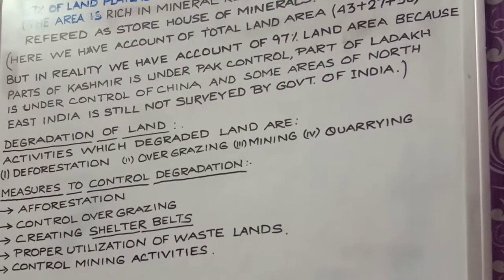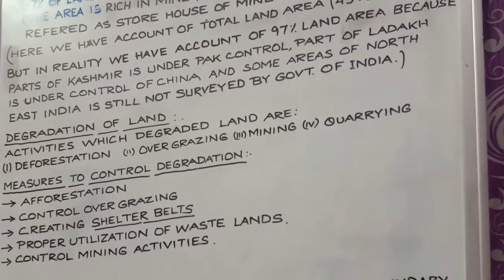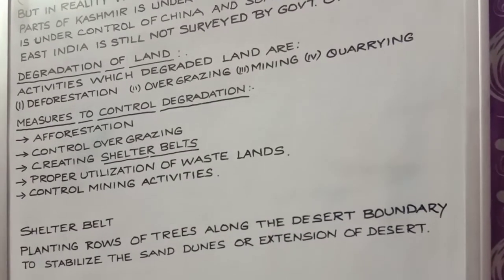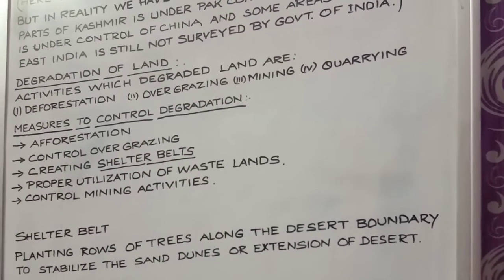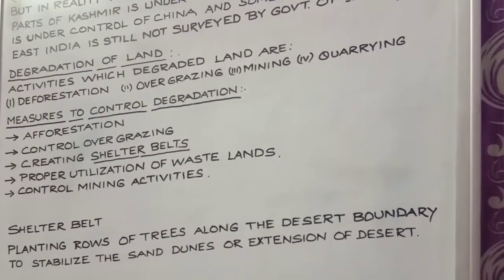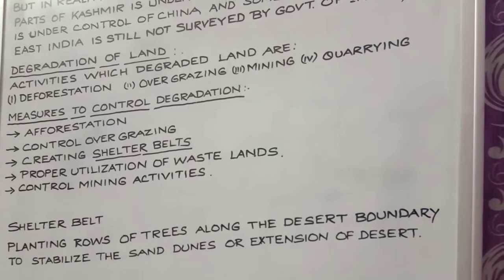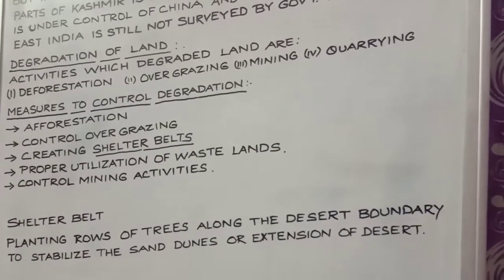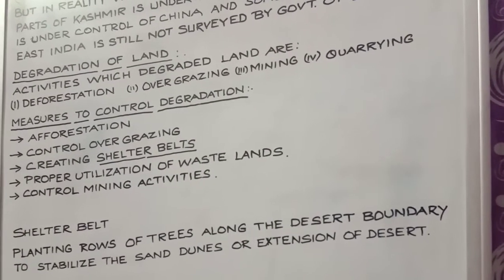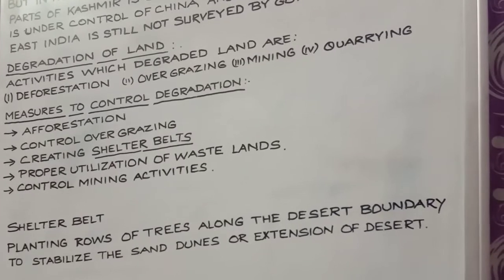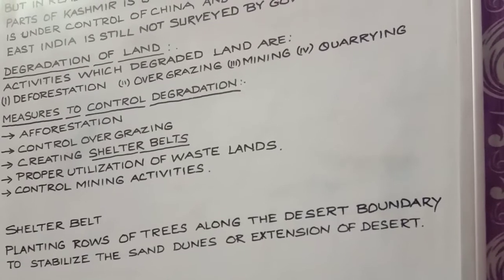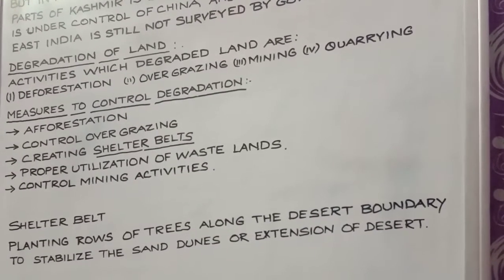Now let us understand what a shelter belt is. A shelter belt is planting rows of trees along the desert boundary to stabilize the sand dunes or the extension of desert. What happens is, the desert area increases because when strong wind blows, it carries the sand and drops the sand on fertile land, thereby increasing the desert. So what does this shelter belt do?